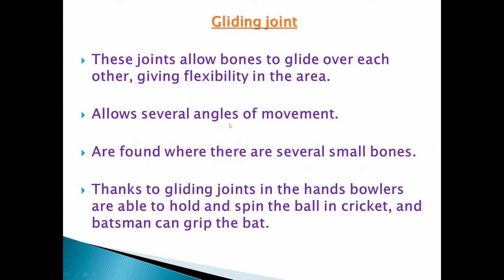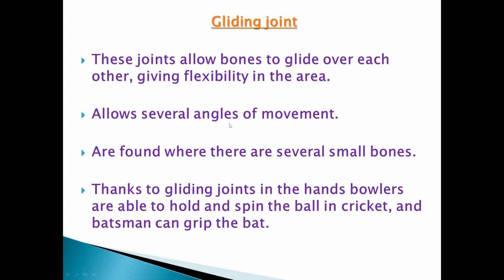Then after the hinge joint, we have the next type of joint that is called the gliding joint. And the gliding joint example is actually at the wrist, because if you realize you can slide your wrist right across. So it's called a gliding joint. Some textbooks say sliding. So these joints allow bones to glide over each other. And the second point is that it allows several angles of movement.